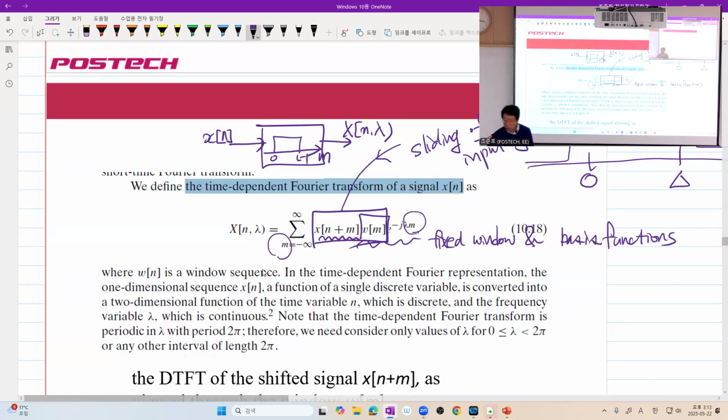So what we do is that we fix this one and that one, and slide the window actually by advancing the signal by n. So here n means the time advance. But you can just say that, okay, what I do is that I take that part and do Fourier analysis.